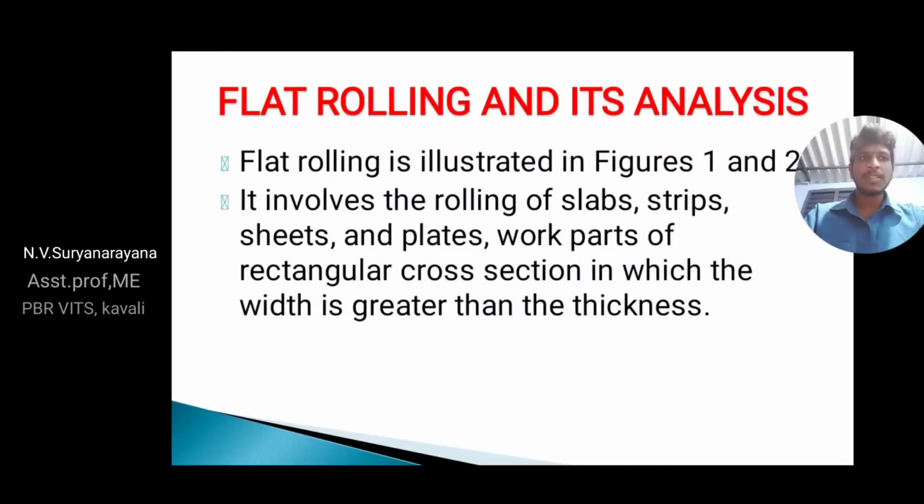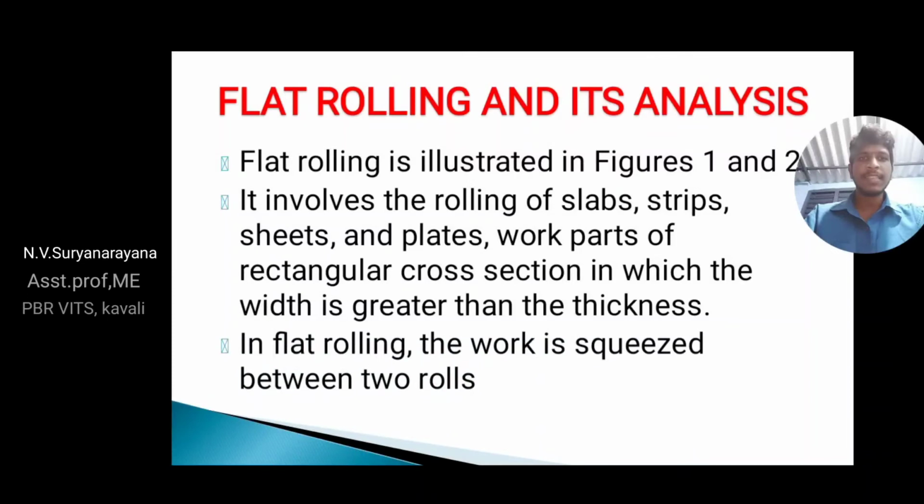The rolling process is used for reducing the thickness. For that reason, thickness is reduced after the work and width is increased. That is the phenomenon. Next, in flat rolling, the work is squeezed between two rolls. Squeeze means reducing thickness.